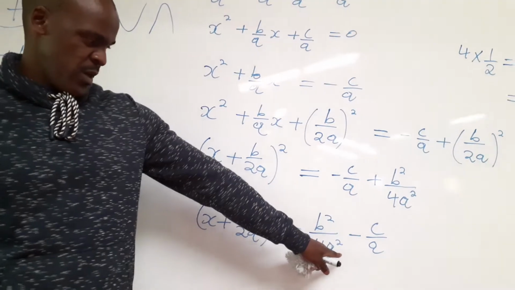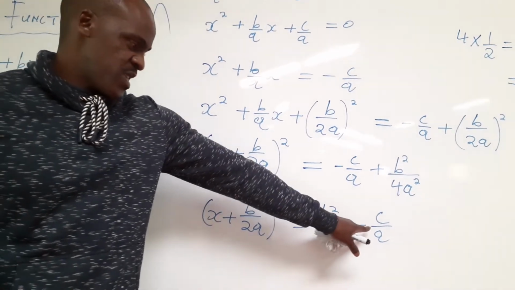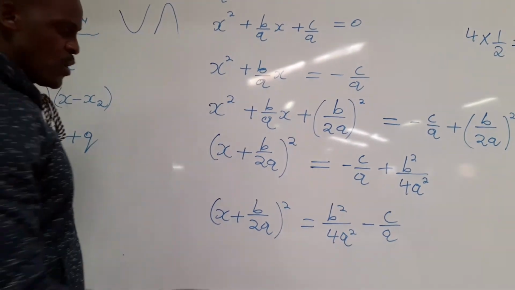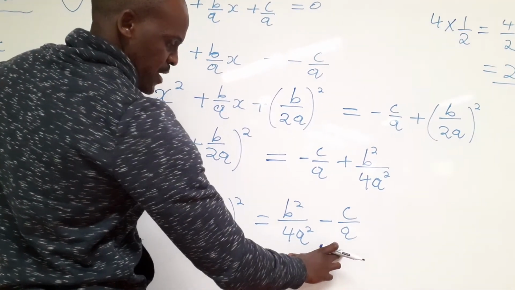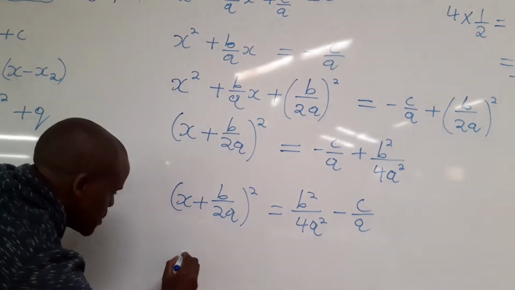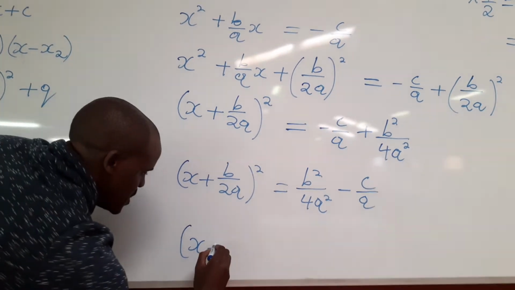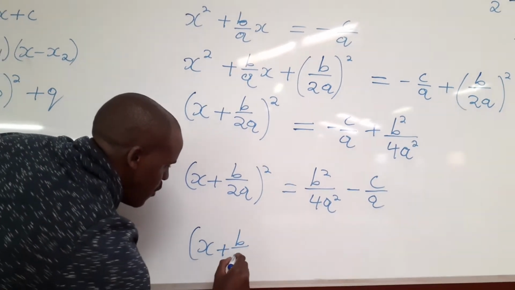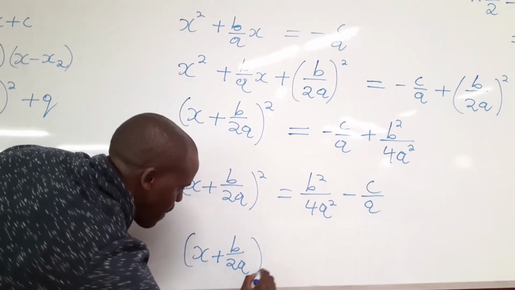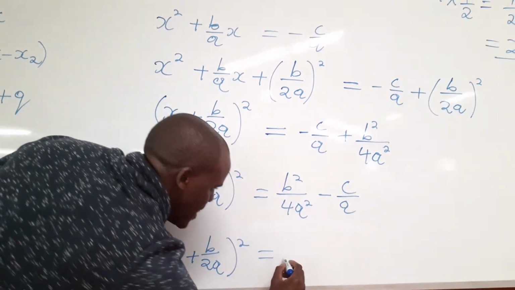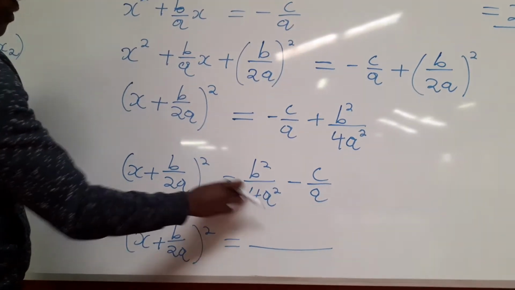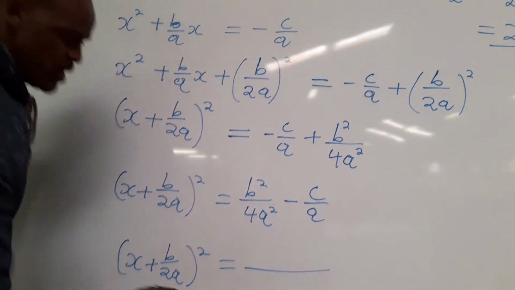When you look there, we are subtracting fractions, therefore we will have to take an LCD. So now we have x plus b over 2a all squared equals our LCD, 4a squared.